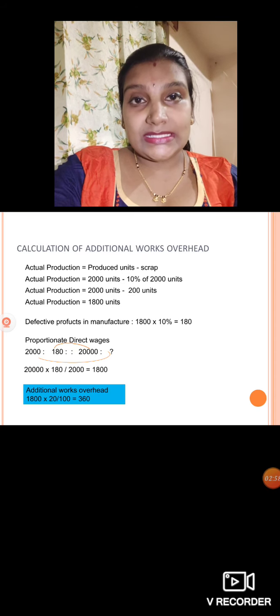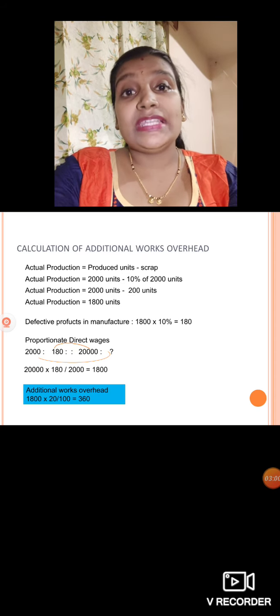On that, additional works overhead they have given 20% of proportionate direct wages. So proportionate direct wages we got 1800, on that additional works overhead 20%, so 360 rupees is the additional overhead cost here.